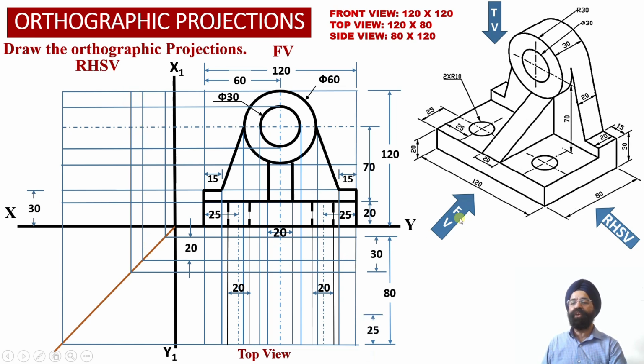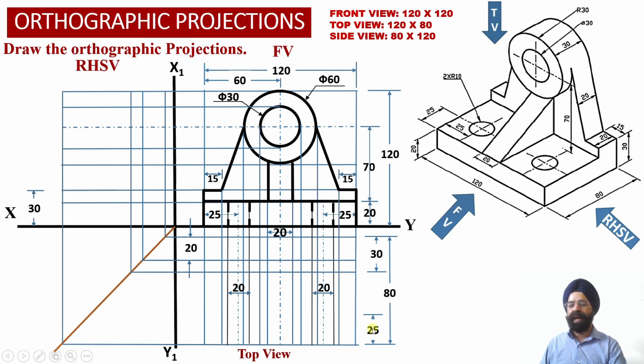Now next, corresponding to these two circular holes, we need to obtain the center point locations for these two holes over here. We know that the center points corresponding to these two holes will be obtained at a distance of 25 mm from the front face of the solid.